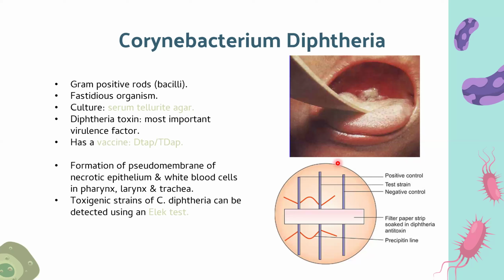So I know that it's C. diphtheriae, but I want to know, is it toxigenic or is it not? So what I do is I'm going to have a control strain here that I know is positive for the toxin. I know that this is positive. It has to have a reaction. And then I'm going to have another control that's going to be negative for the toxin. It's not going to have the toxin.